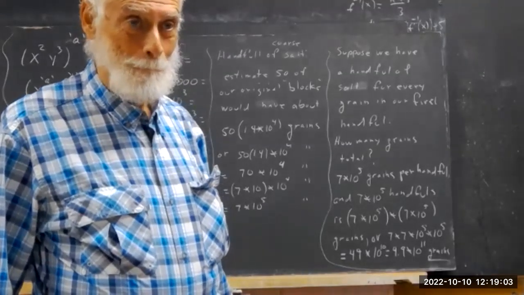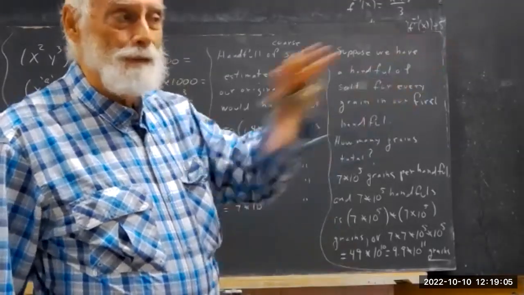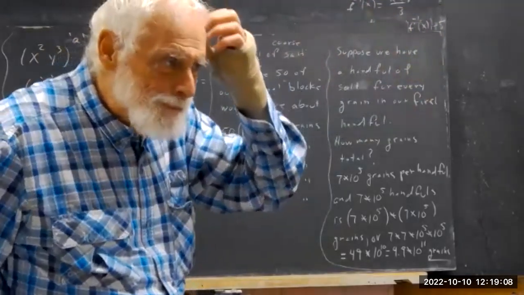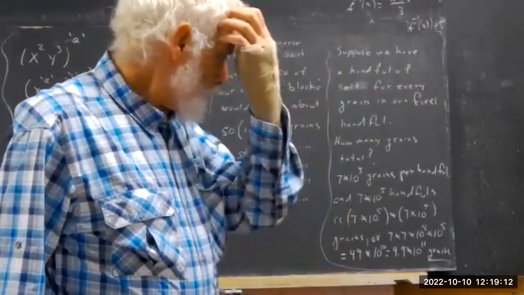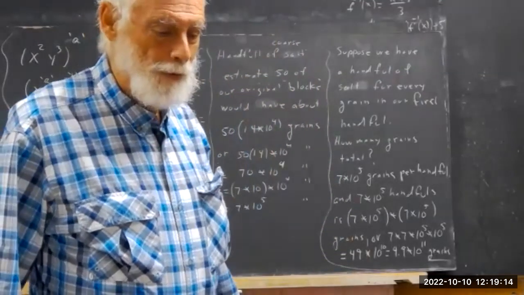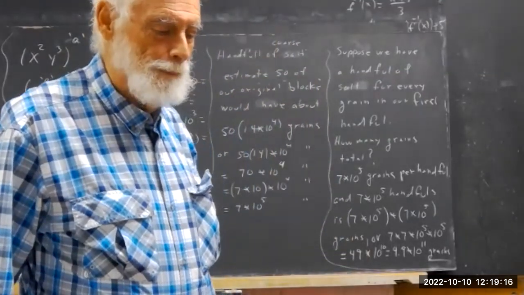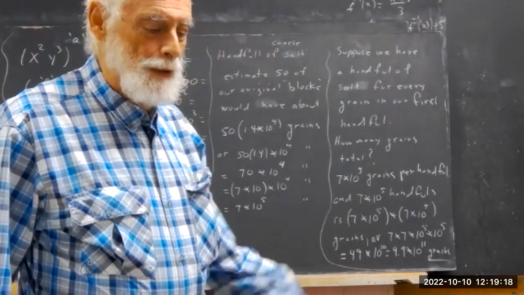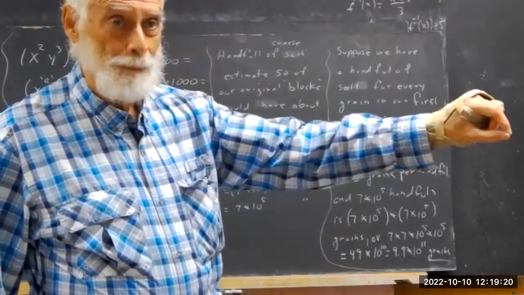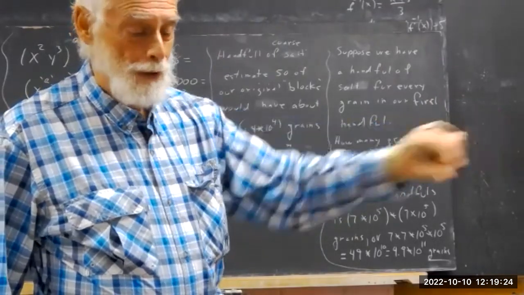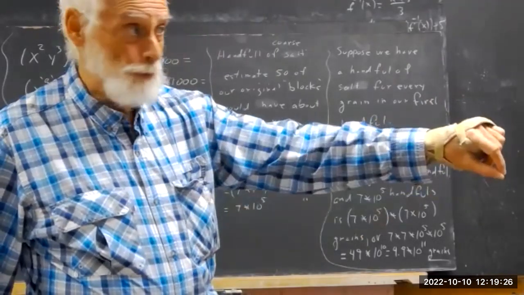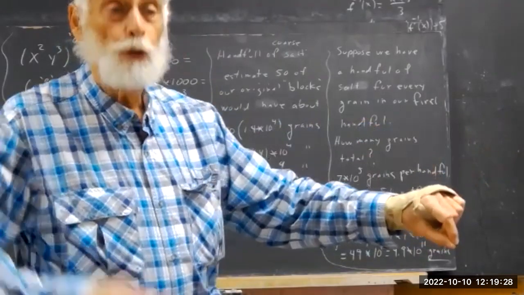Okay. Now that's a number that's really pretty far beyond imagining. Although 10 to the 18th is like, you line up grains here, make a row of 1,000,000 grains. Then right next to that, you make another row of 1,000,000 grains and another one, and you do 1,000,000 of them.